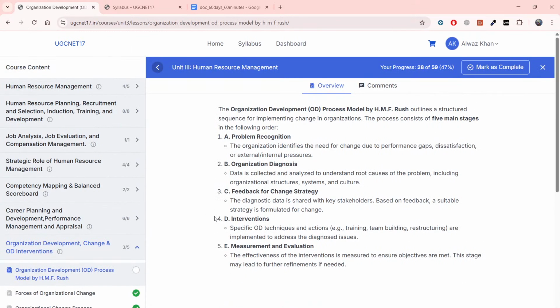Organization development process model by HMF Rush.